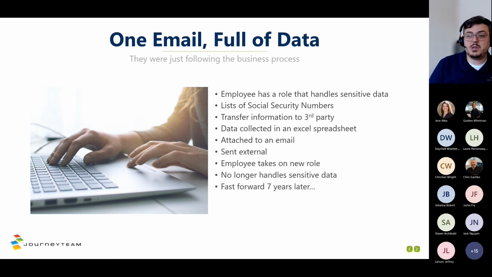I didn't know that we were keeping it around for 7 years after the activity that was a business process to send this information elsewhere. And I didn't know that this business process was actively being used by more than one person at the company.